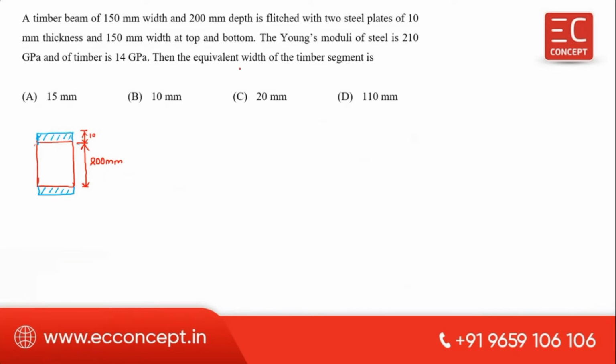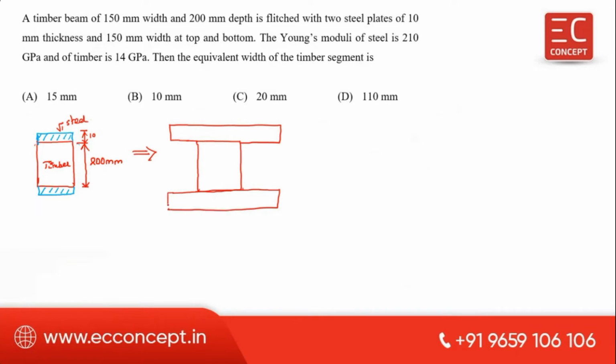And they are asking for the equivalent width of the timber. So this is the timber, this is the steel. Converting this to an equivalent width of timber, the width as it is, but while converting to equivalent timber, the width of the steel will be increased. So this width is equal to m into b.